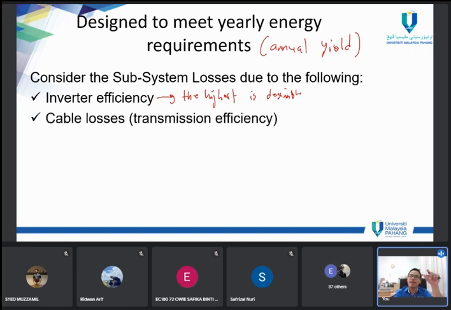What's next is the cable losses, transmission efficiency. The longer the cable is, the higher the voltage drop can become. Okay, the higher the possibility of the voltage to drop.